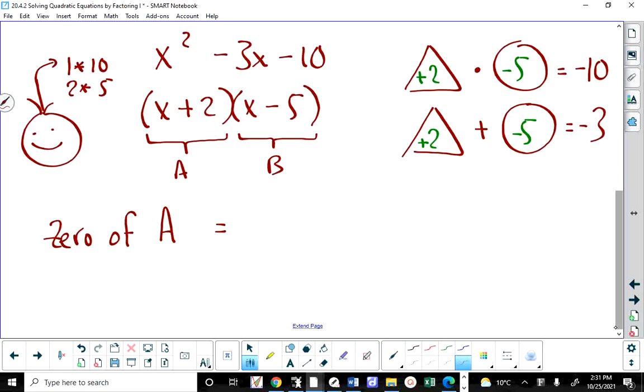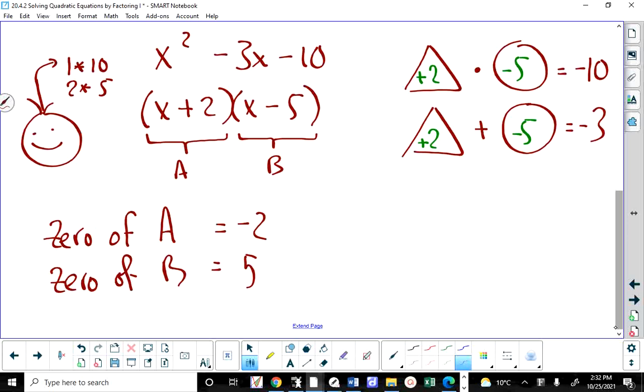What number would you put in for x so that the number you put in plus 2 gives you 0? Negative 2. The zero of this factor is negative 2. The zero of factor B is the number you would put in for x to make the second factor 0. Well, if you have x minus 5, if x is 5, then you'll get 0. So that means that 5 is the 0 of that expression.